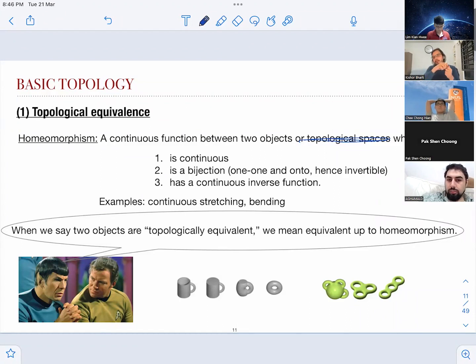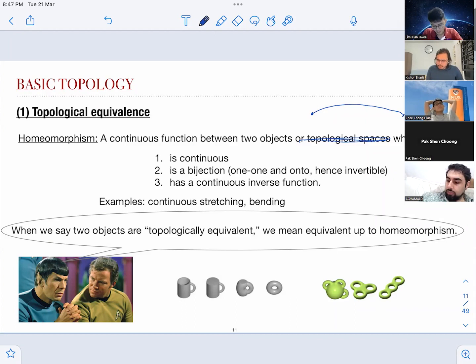So there is a point in one object and a point in the other object, and there is a continuous mapping, and the inverse is also continuous. So you have bi-continuity in both directions.